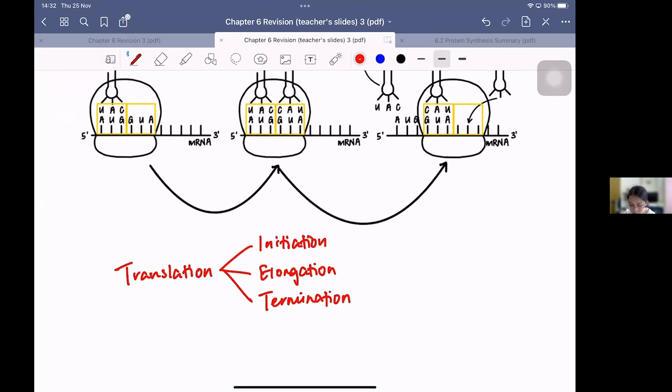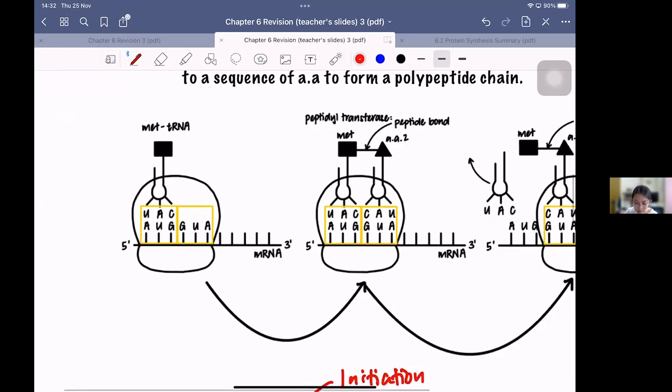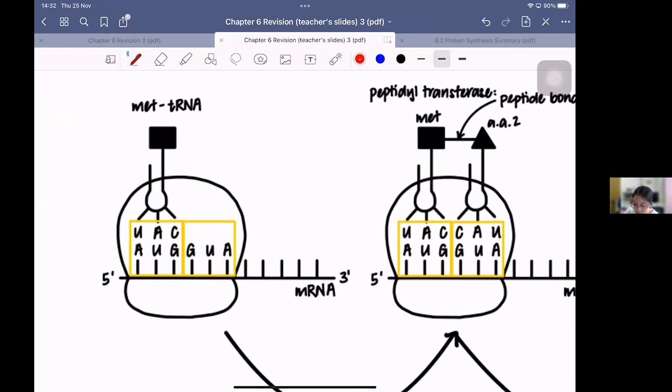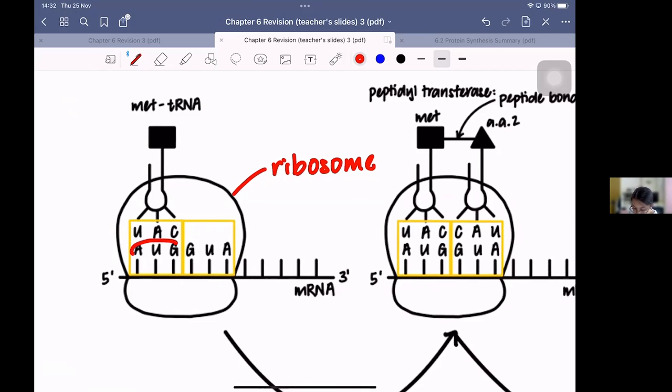So let's look at initiation. As you can see, this is the ribosome. The ribosome binds to the first start codon, which is AUG, on the mRNA. We've learned that there is only one start codon, which is AUG.